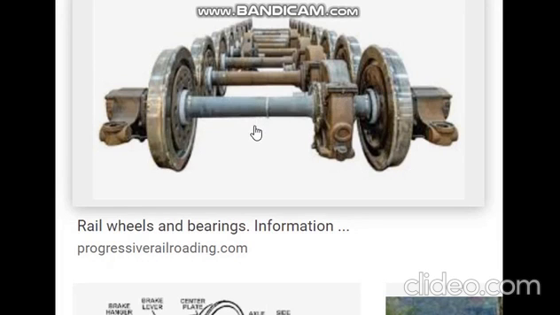This type of loading is like repeated loading. If a train is traveling from Kashmir to Kanyakumari, many thousands of kilometers, think how many times it will be rotating.